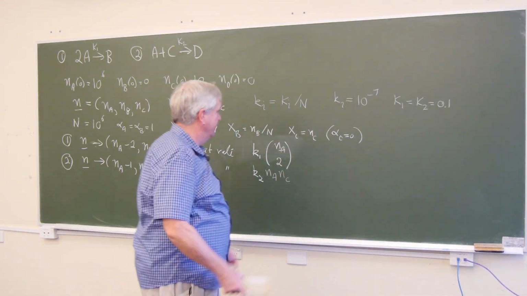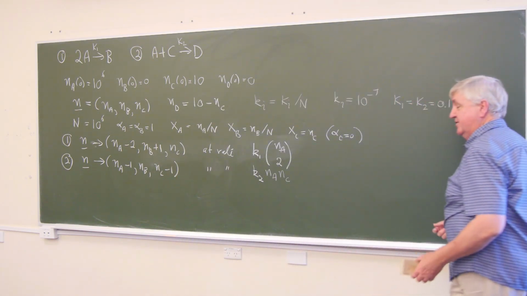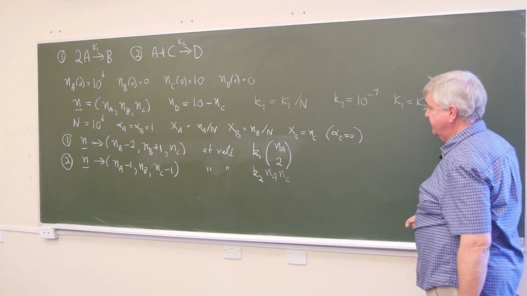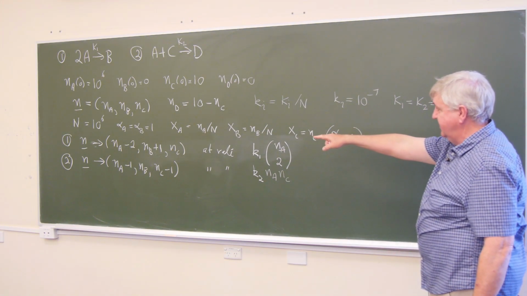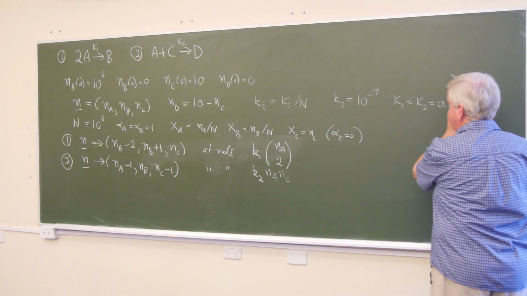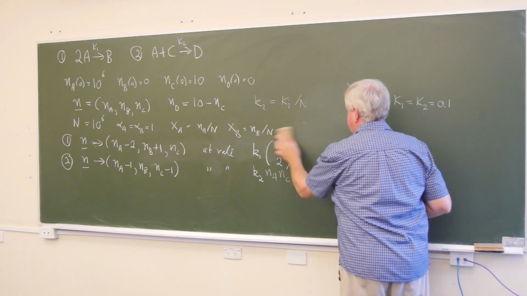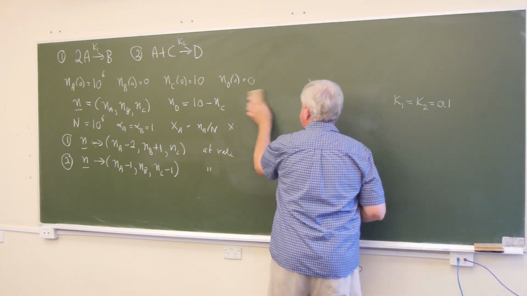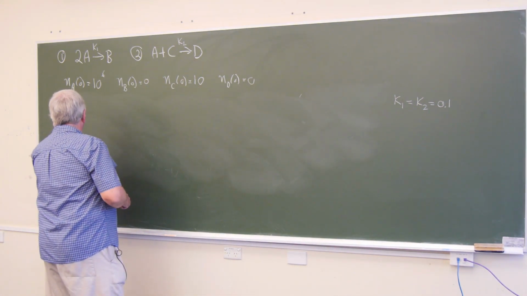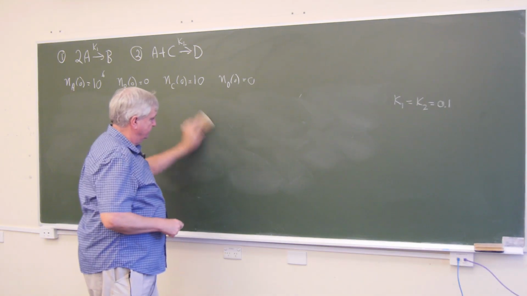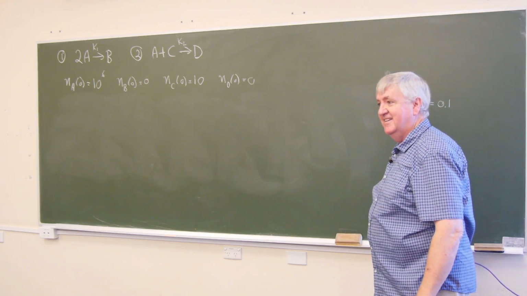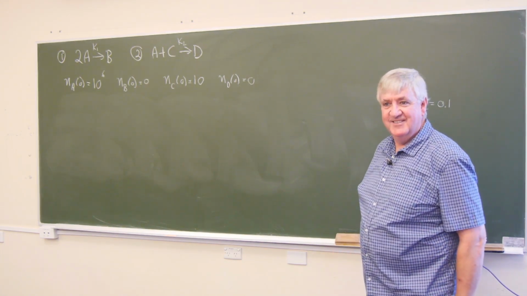Now, the paper I mentioned, the Annals of Applied Probability paper, tells us what happens to this XA, XB and XC. I'm going to rub this off now and tell you what happens. Has anyone else got any ideas about what happens to C? No? Okay.